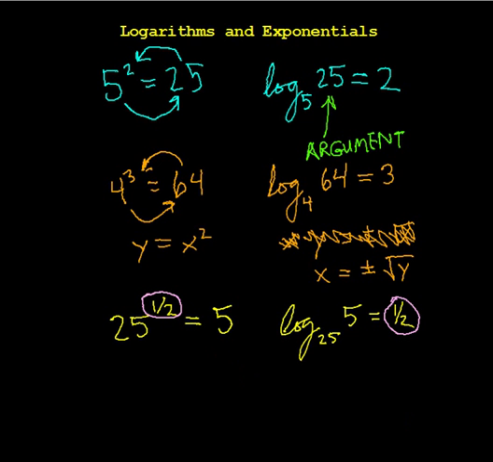And what that means is that this log base 25 of 5 is actually an exponent. Log base 25 of 5 is an exponent. And in fact, it is the exponent of 25 that gets us 5. That's important. If you can visualize logs in that way, you're well on your way to being very successful with this chapter.